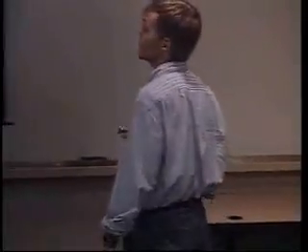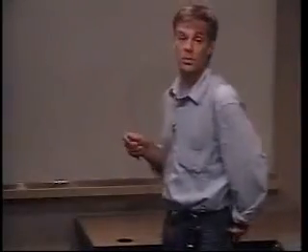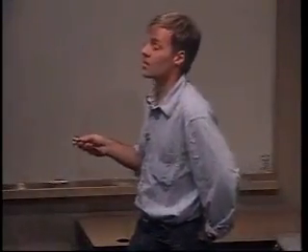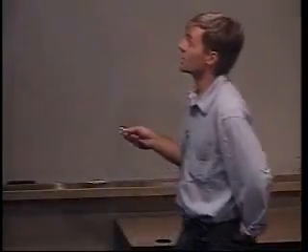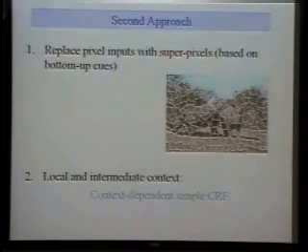So our second approach to deal with some of these problems is that we replace the pixel inputs with superpixels. This gives you an idea of what superpixels look like. The basic idea is that you take your descriptors of pixels, like the edges, color and texture I was talking about, and you run some sort of clustering algorithm.